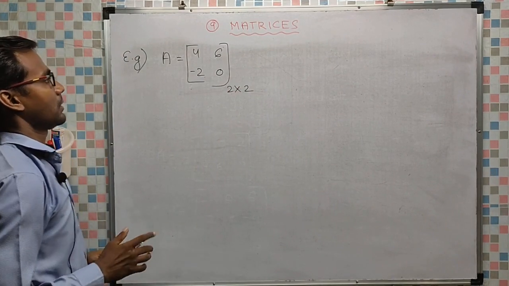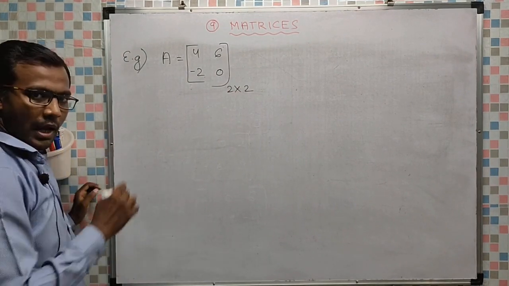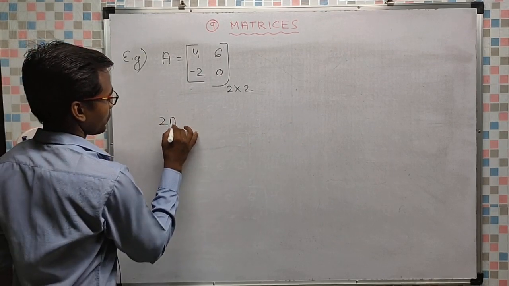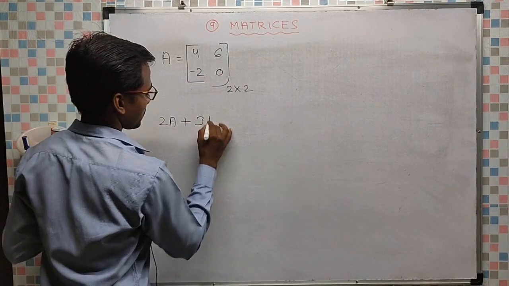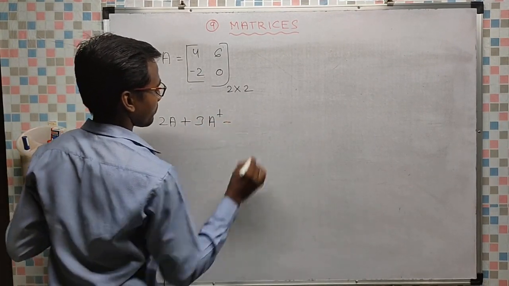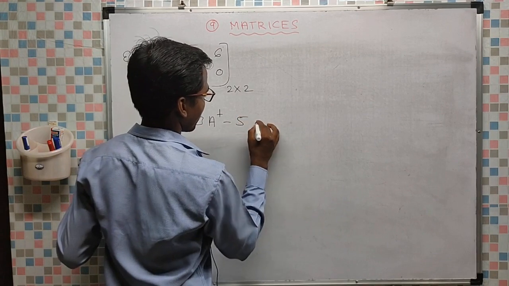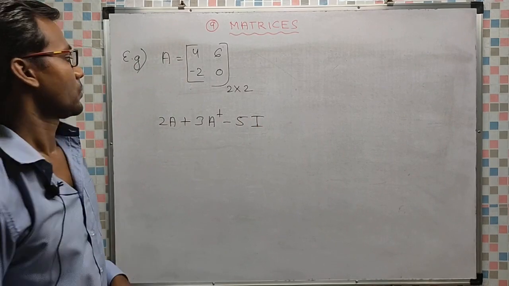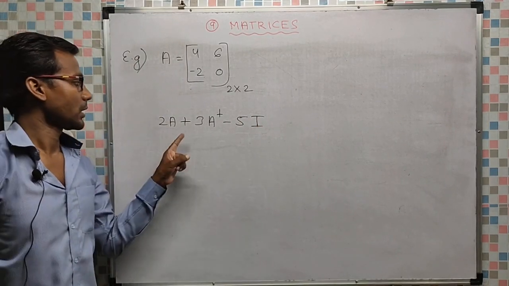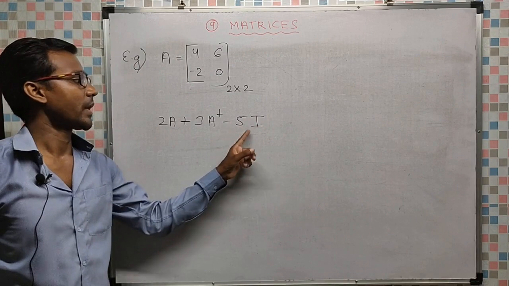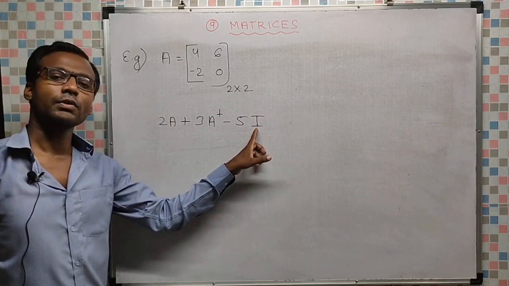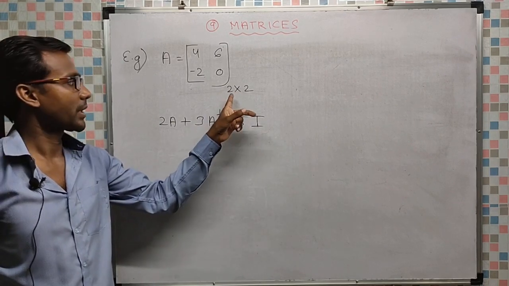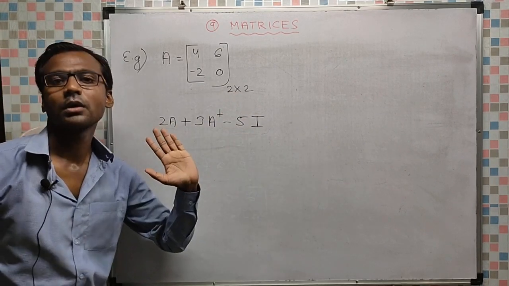Suppose we have been asked to find 2A plus 3A transpose minus 5I. What is I? It is a unit matrix or it is an identity matrix of the order 2 by 2. Here we have taken the matrix 2 by 2, so its order will also be 2 by 2.